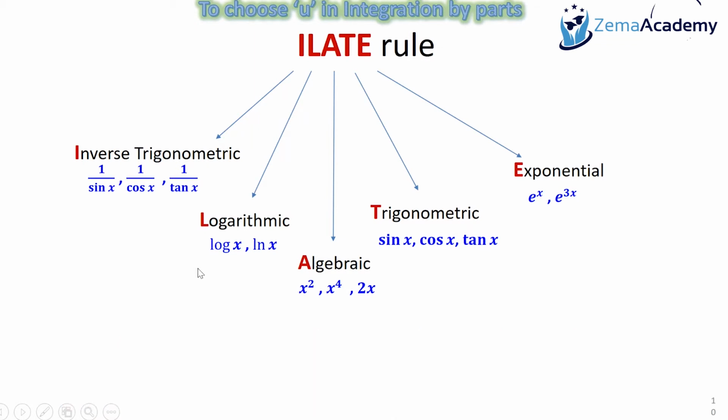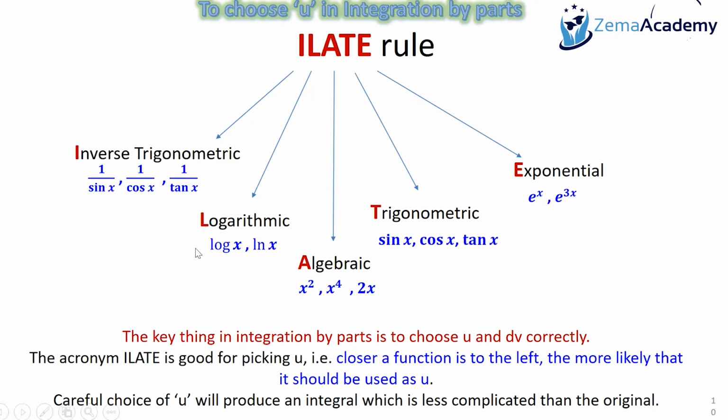Let's take the last one that we did, the integral of x cos x. Here x is on the left and cos x is on the right. Because the algebraic function lies before the trigonometric function, u would be x and dv would be the trigonometric function.